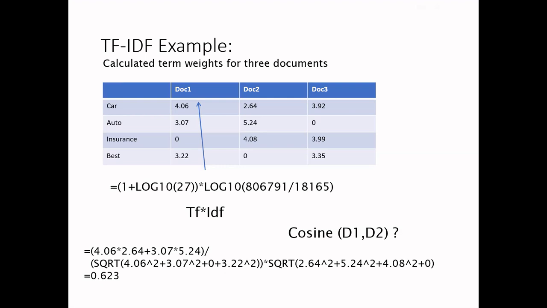So assume that we have done this calculation. Now you may want to ask, okay, how similar are document 1 and document 2? So what we can do is we can now calculate the cosine of document 1 and document 2. And that cosine calculation again is shown here step by step. And if you do the actual calculations, ultimately you end up with a number which is 0.623. So that is the level of similarity between document 1 and document 2.